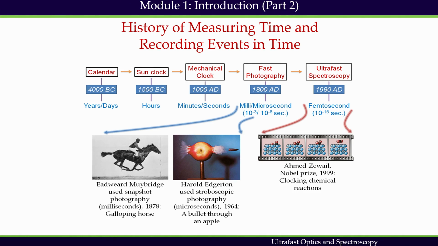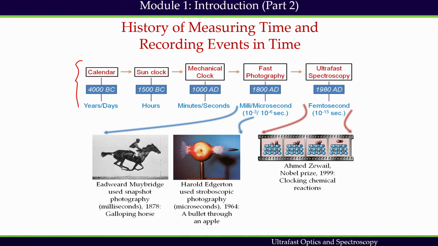It is first reflected in ancient development of calendars in about 4000 BC. So, we developed calendar long time ago, and calendar was kind of a time measuring device which helped us to understand processes in terms of years and days.